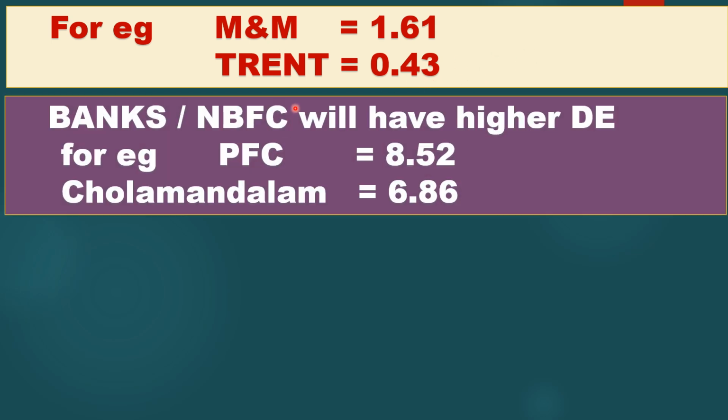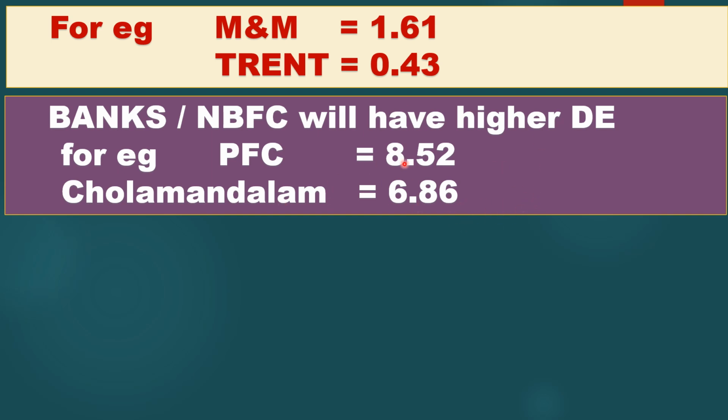Okay, now many people ask why banks and non-banking financial companies will have higher debt to equity ratio. For example, Power Finance Corporation, a public sector undertaking unit, 8.52. Cholamandalam, it is again a finance company, investment finance corporation, 6.86.